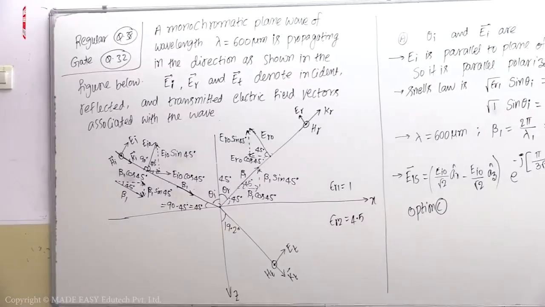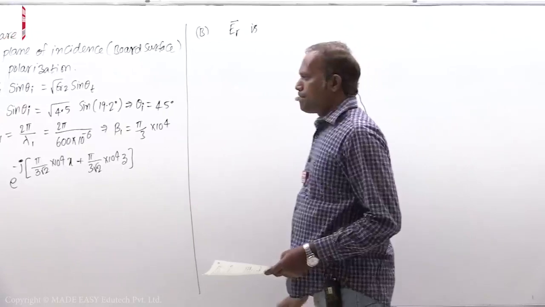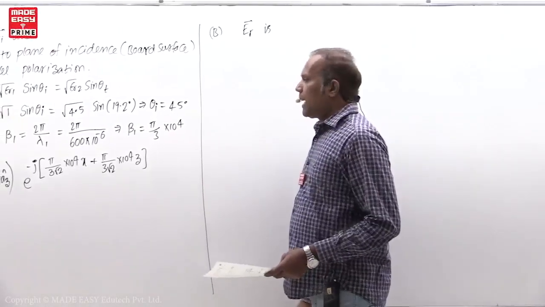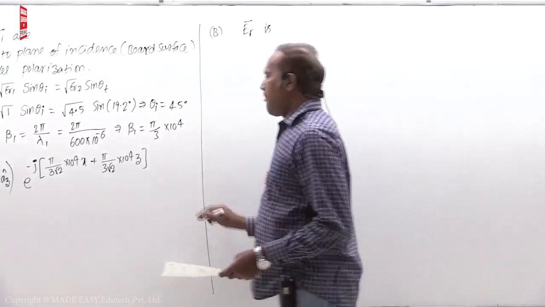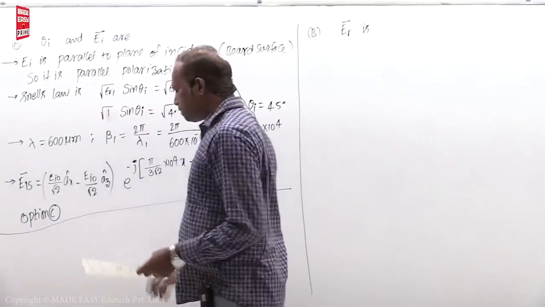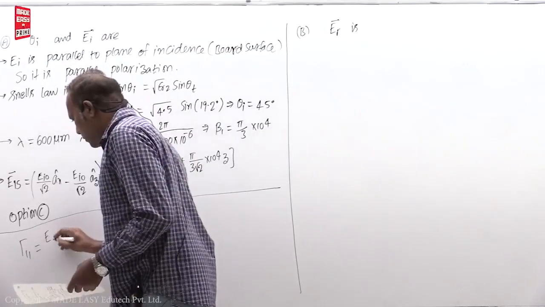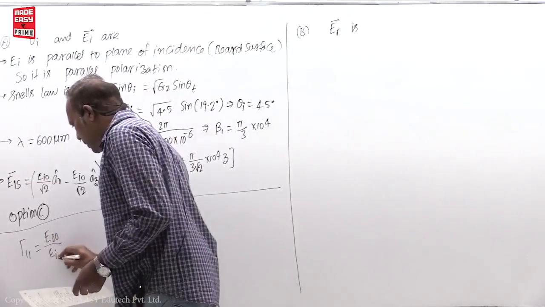Okay. Now, how to calculate this ER bar? For that, you have to calculate the reflection coefficient. The reflection coefficient of parallel polarization is equal to ER bar divided by EI bar.